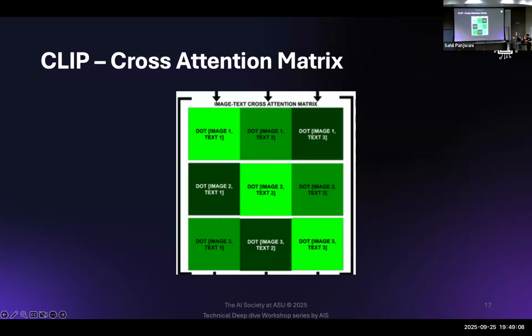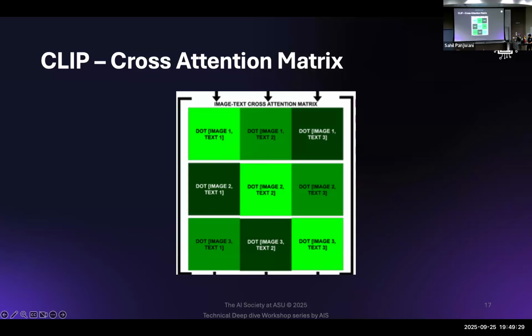Suppose instead of just one item, the black cat on a sofa, we now have four: a black cat on a sofa, a dog catching a frisbee, a car stuck in traffic, and so on, and the same for captions with those images. This matrix is built by comparing every image with every caption.